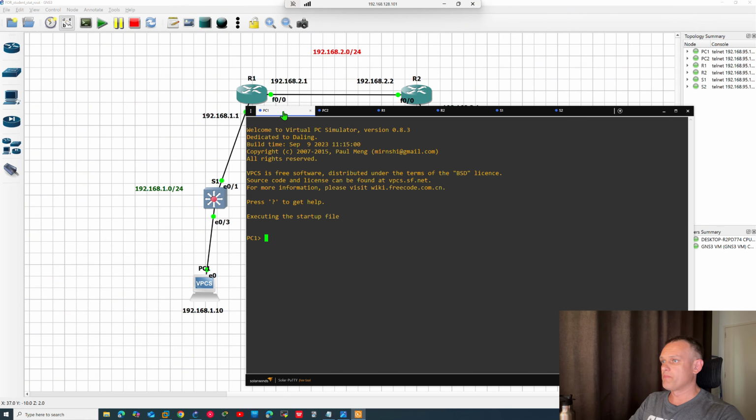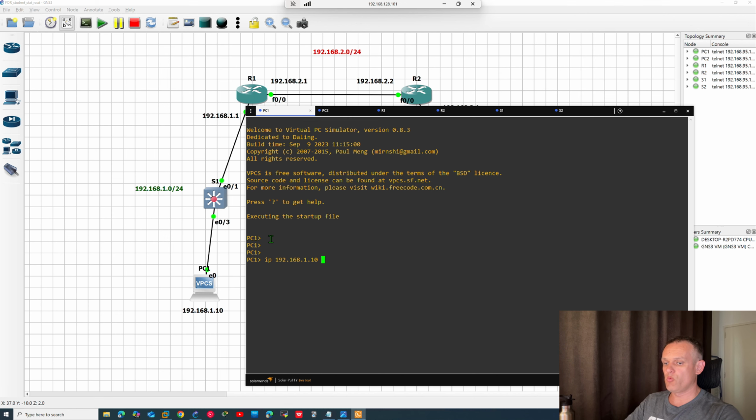Then PC1, we have PC1, it works, configure IP, and we have to write this IP address, 192.168.1.10. After this we have two different choices.